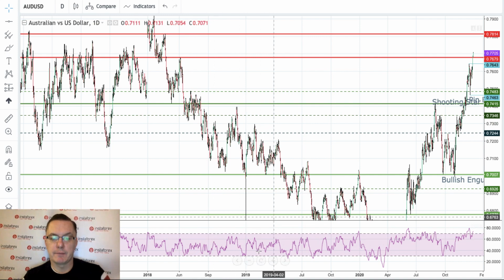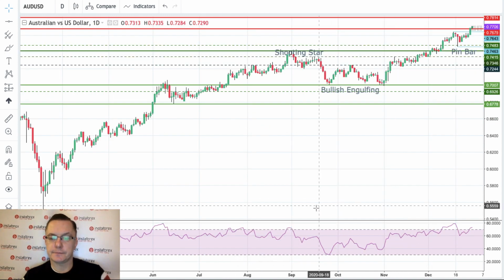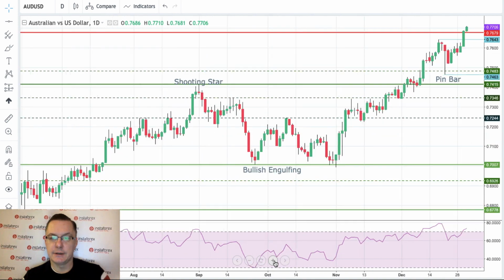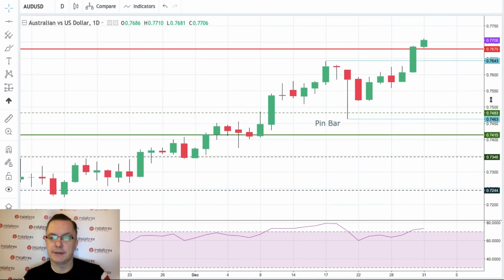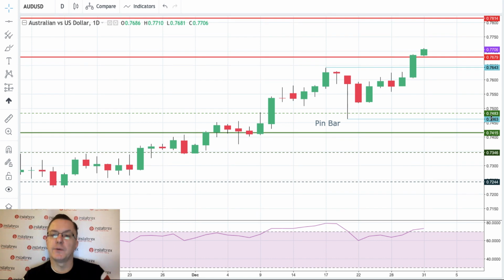So those are the two lines that we are particularly interested in. The first one has been violated, and the next one is 7,814. So that's the target for the Australian dollar.